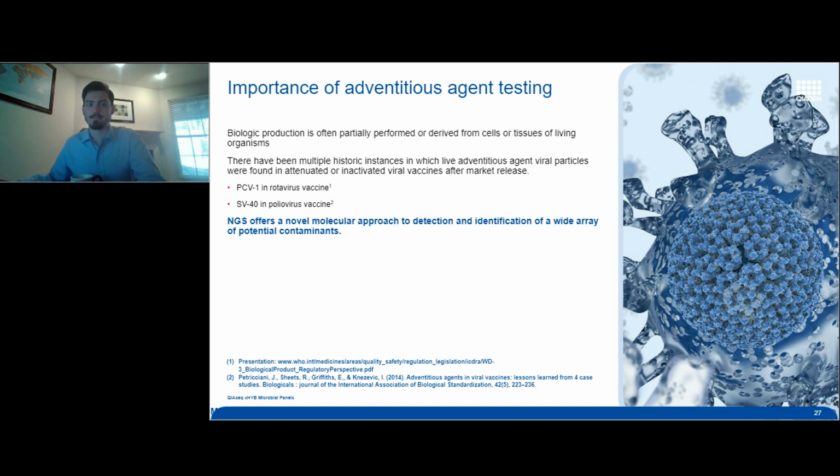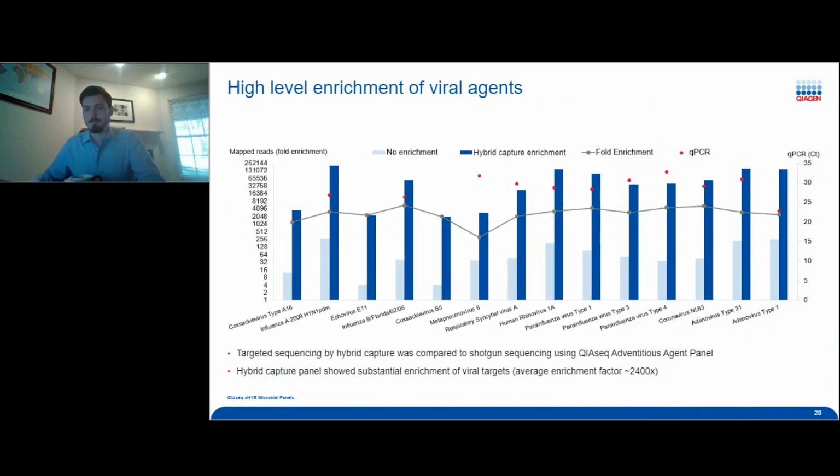And that is at least bulk level testing that can be done with this panel for actual detection. Again, similar to the respiratory panel, we see an average 2,400x fold enrichment as compared to standard shotgun sequencing across the viruses that are targeted for in this panel.